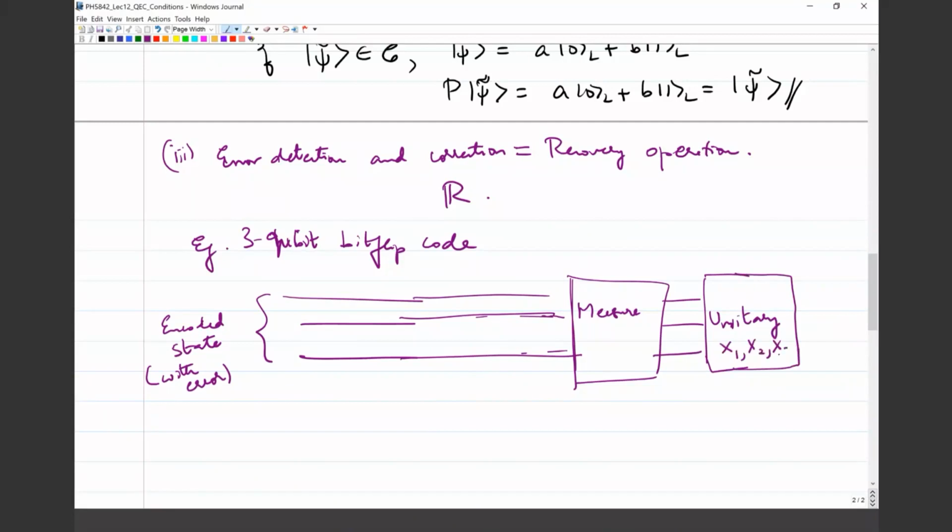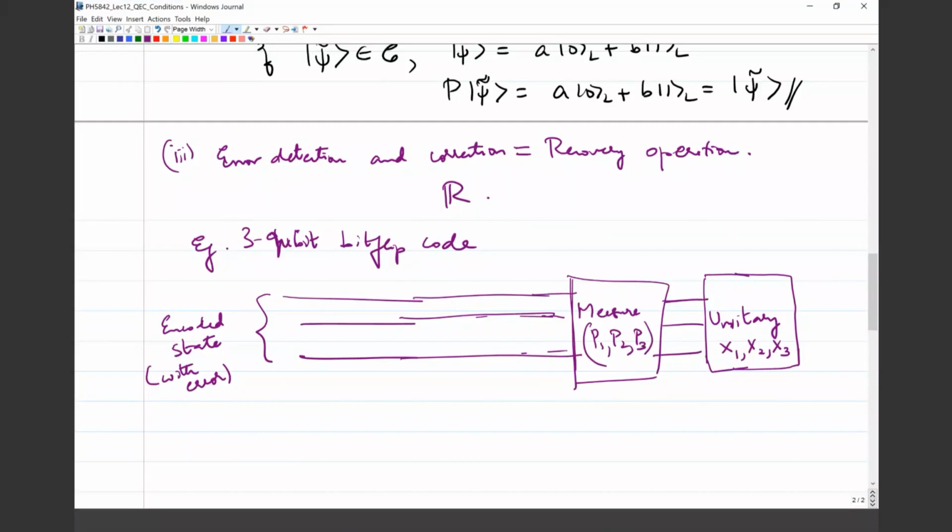And the measurement is simply a projective measurement, as we saw, because your code space gets mapped to one of 3 orthogonal subspaces. So it's some kind of projective measurement, and I think I called these P1, P2, P3, right? If it was P1, the unitary you will do is X1. If it was P2, the unitary you will do is X2, etc. So there is a measurement followed by unitary, right?